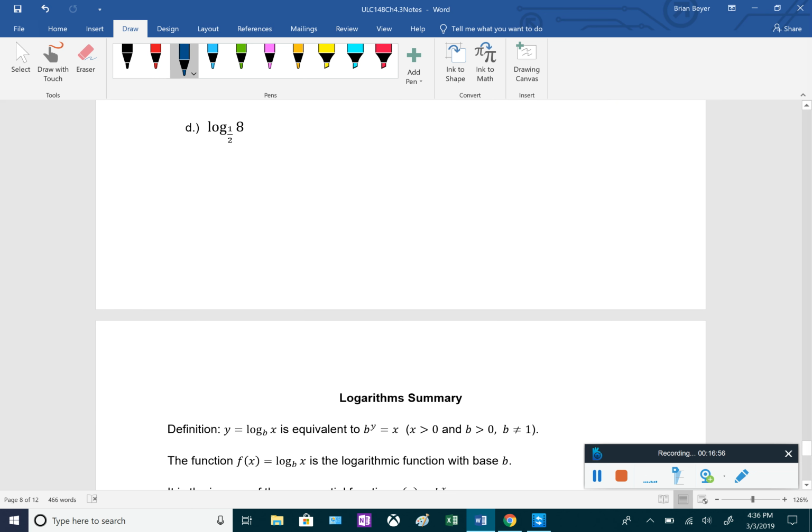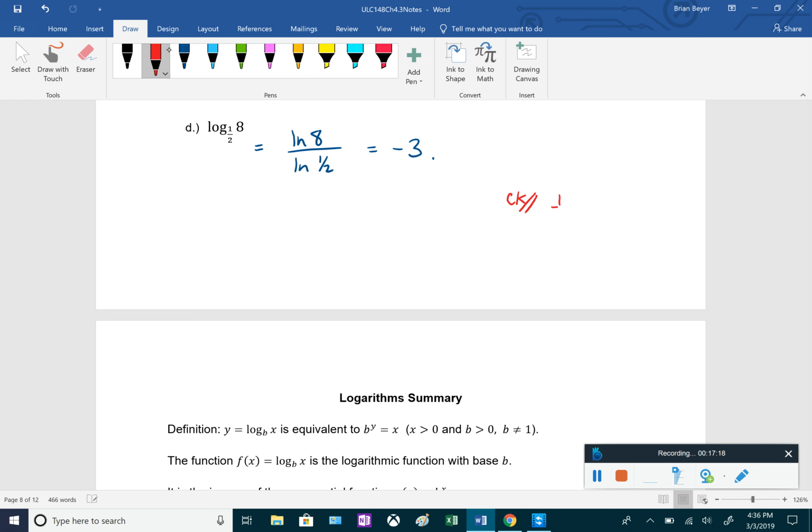Last one here, log base 1/2 of 8. So ln of 8 divided by ln of 1/2. Plug that in the calculator, and we actually get -3. So that's saying 1/2 raised up to what power? I'm just going to write this one in exponential form. So put check.